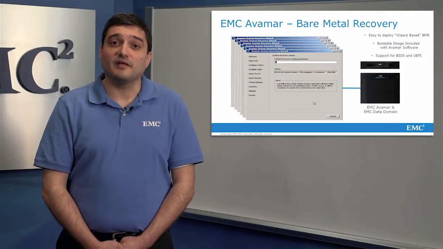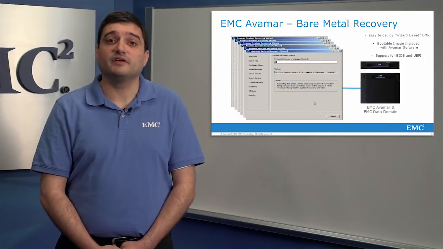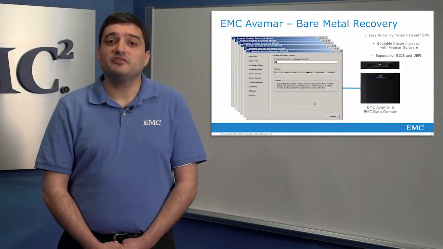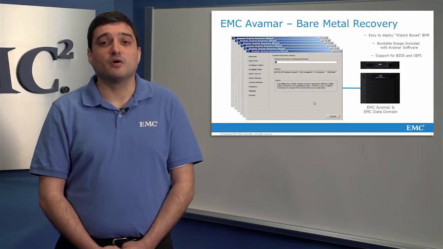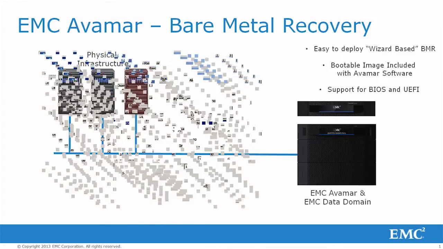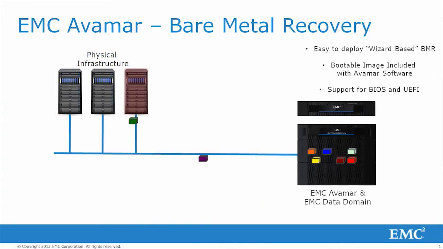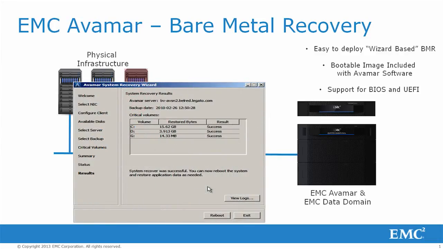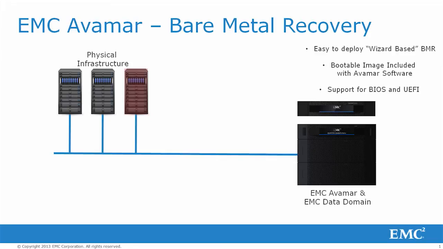Once you have specified the server network and hardware configuration specifics, the utility will initiate the system restore from the Avamar backup automatically. Avamar will then transfer data from the backup safe set back onto the newly replaced system hardware. Upon completion of the recovery process, the utility will request to reboot the server to complete the process. See? It's incredibly easy and straightforward.